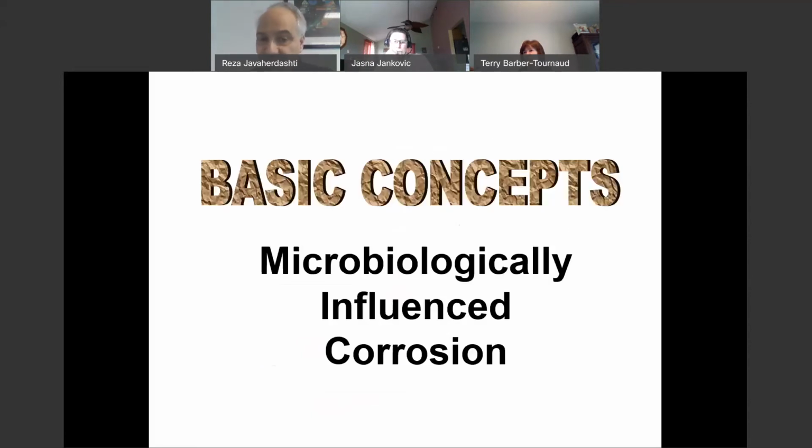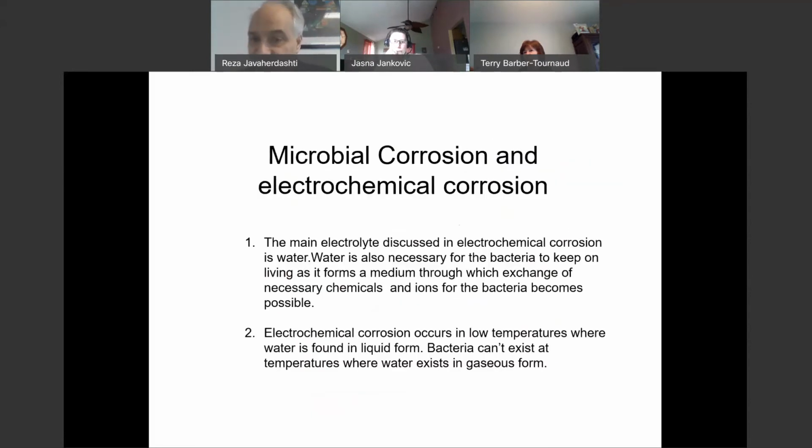Microbiologically influenced corrosion is electrochemical corrosion per se, in which the effect of bacteria and other microorganisms is also touched on. The reason that microbial corrosion and electrochemical corrosion are to be addressed together is that the electrolyte for both of them is water.